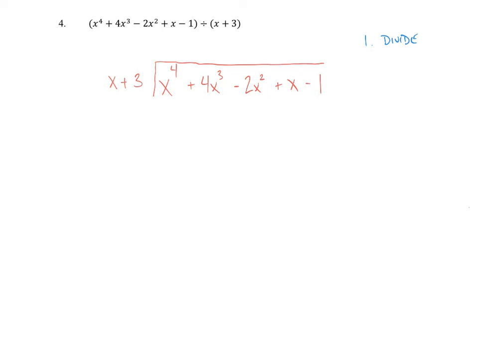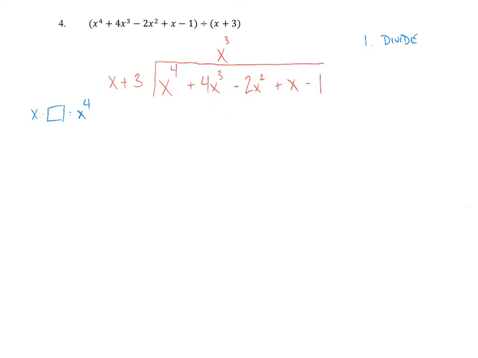And off to the side, I'll just check this. That would mean that x times something gives me x to the 4th. And when we do that, we realize that x goes into x to the 4th x cubed times. So I'm going to write x cubed right here over my x cubed column.